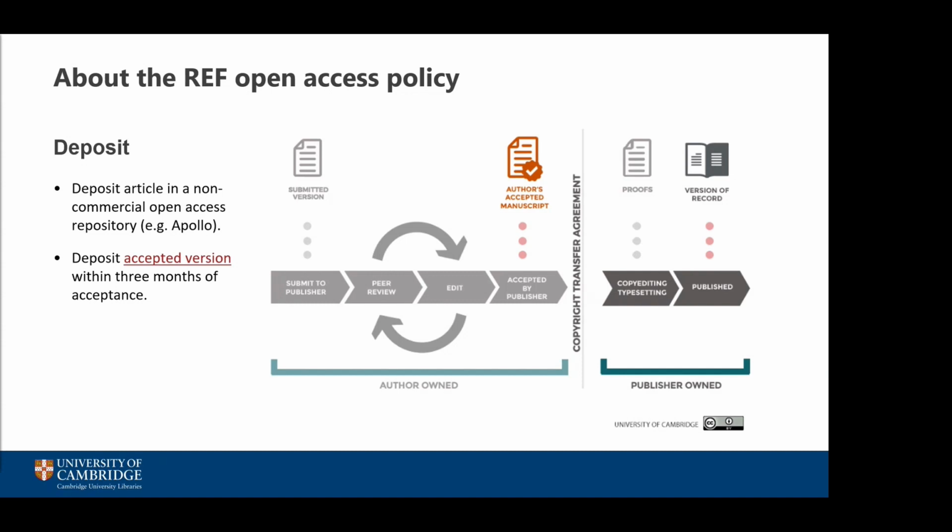The manuscript contains all the changes made after peer review, but has not been typeset or copy edited by the journal or publisher in any way. Typically, this can be the last point that the author owns the copyright, and this is the reason this version is shared in a repository.